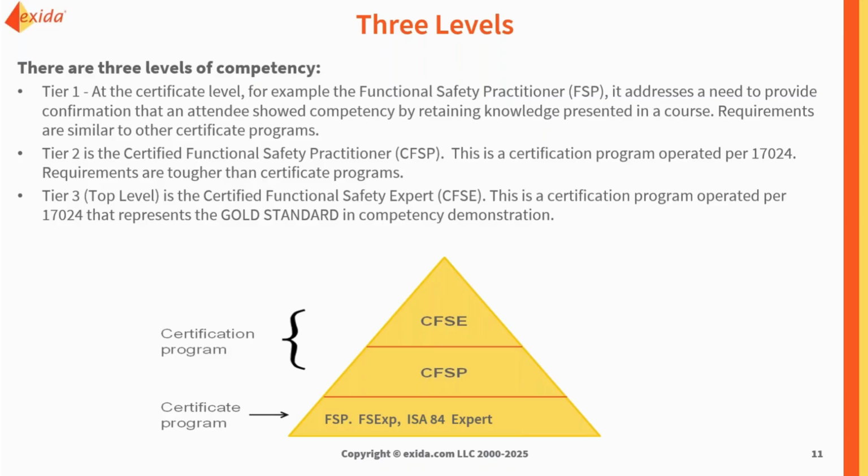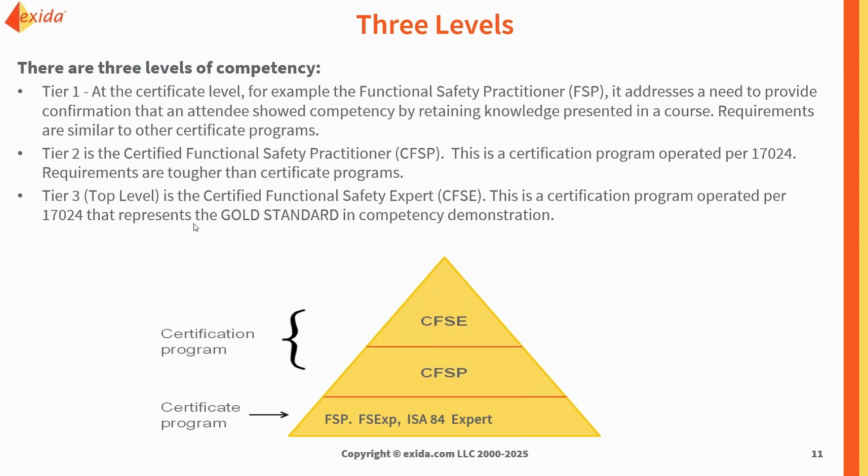And in fact, there are no names that appear on the papers. You're given a unique number, and that number is the number that appears on the paper. So even the assessors have absolutely no idea whose paper they're assessing. So it's completely independent. And similarly with the CFSE, which is regarded as the gold standard in competency demonstration.